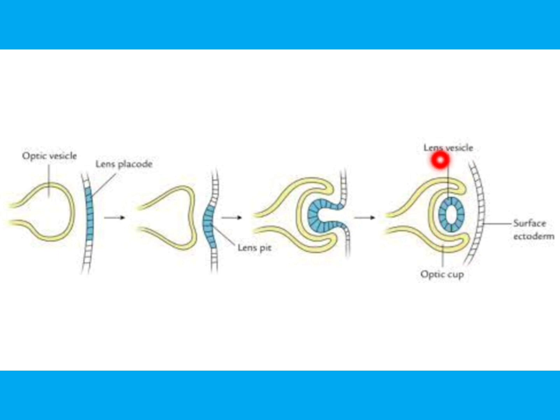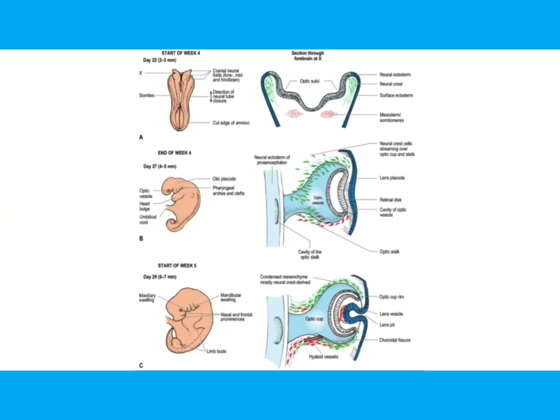Now, this optic cup has two layers, outer layer and inner layer. So, the outer layer forms the retinal pigment epithelium and the inner layer forms the neurosensory retina, right? And this surface ectoderm forms the lens vesicle that will transform to crystalline lens in future, okay?